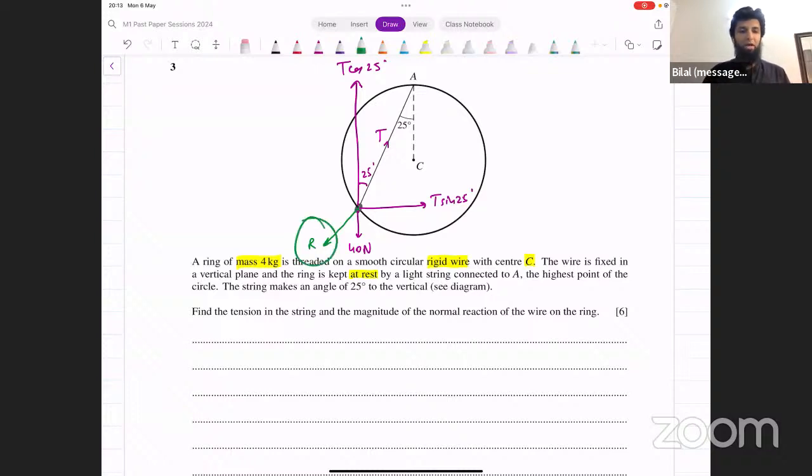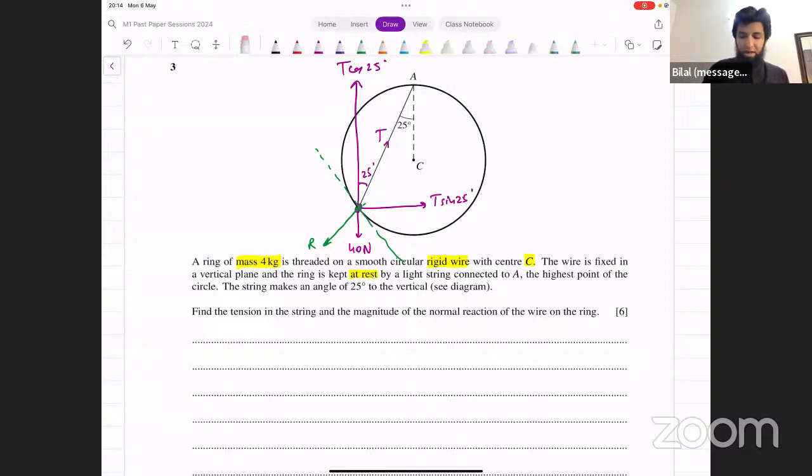Now, what else? We have this normal reaction. How do we resolve normal reaction? Let's think about this. If you make a tangent at this point, a tangent is always parallel to the direction of the curve of a surface. And a tangent is also perpendicular to the radius of a circle.